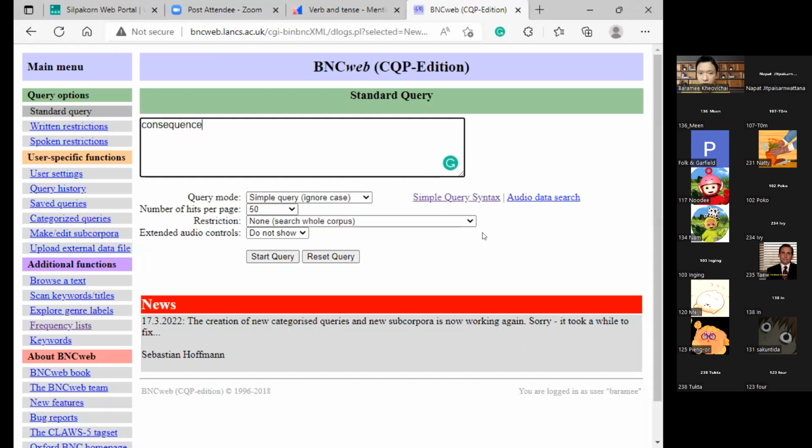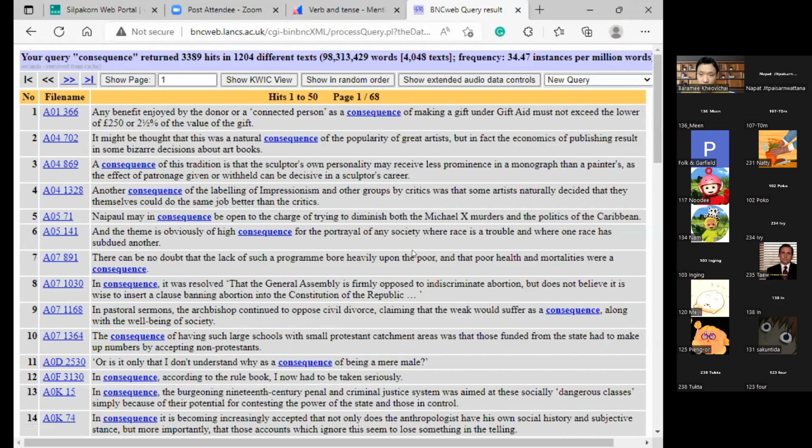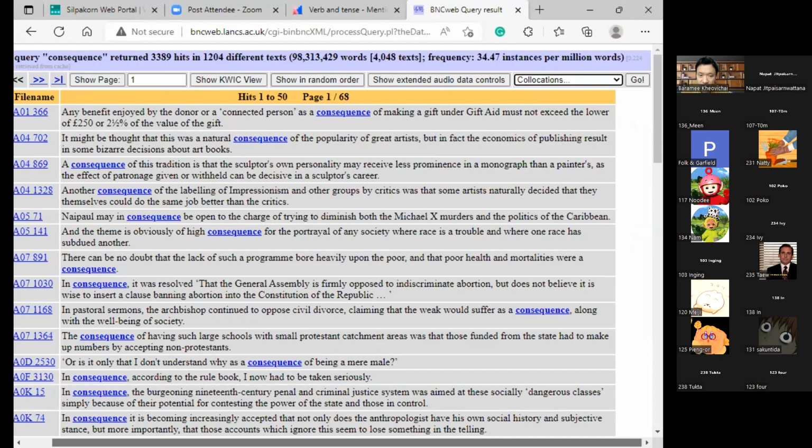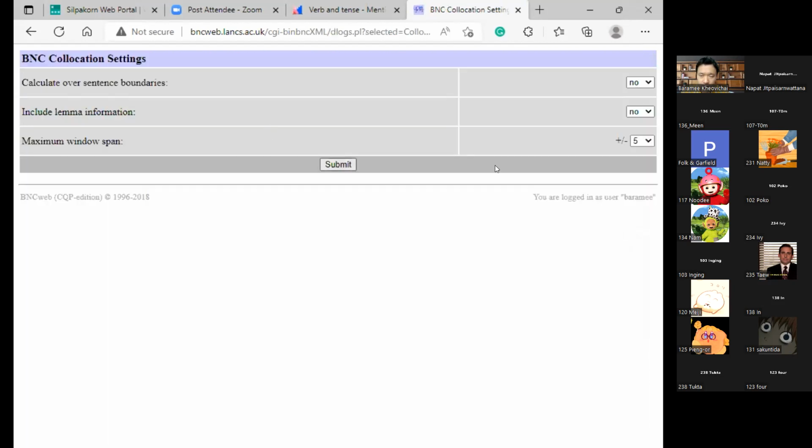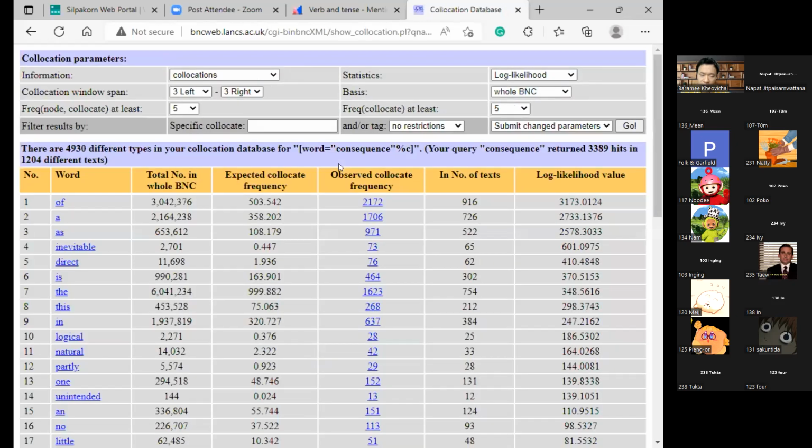So let's do consequence. We can search for it, and then we can use the software to create the list of collocation. So after this, you can get the list of collocation of the word consequence.